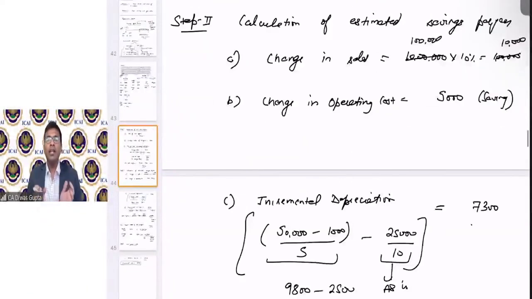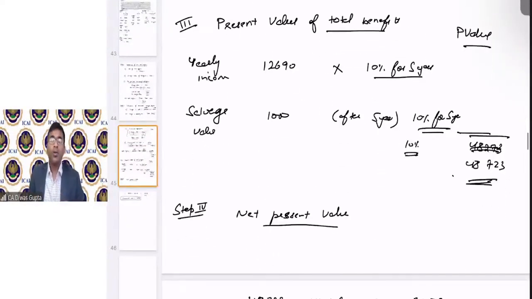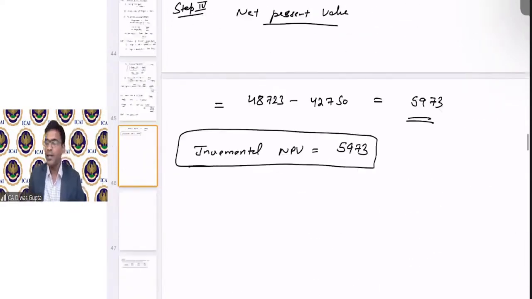Then we will calculate the yearly annual cash savings, driven from higher sales, lower operating cost, or the tax benefit on the incremental depreciation. Then we compute the total present value of the annual cash inflows plus the salvage value, and accordingly we will calculate the net present value.